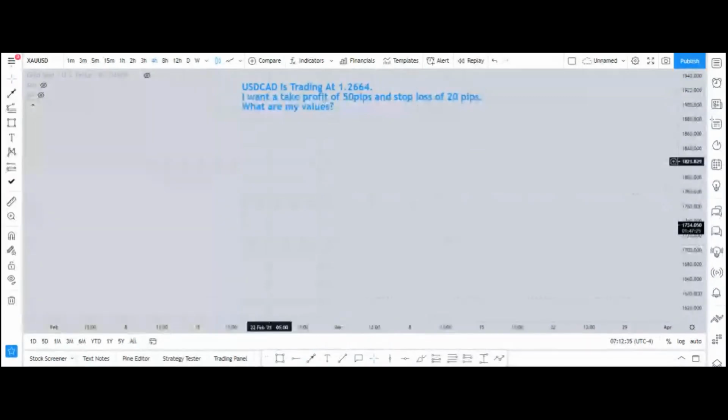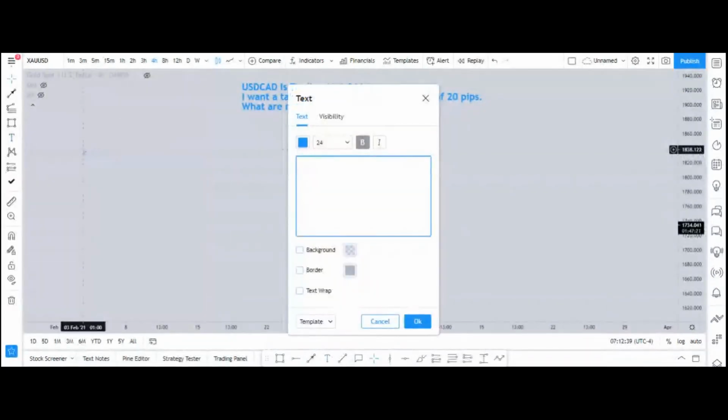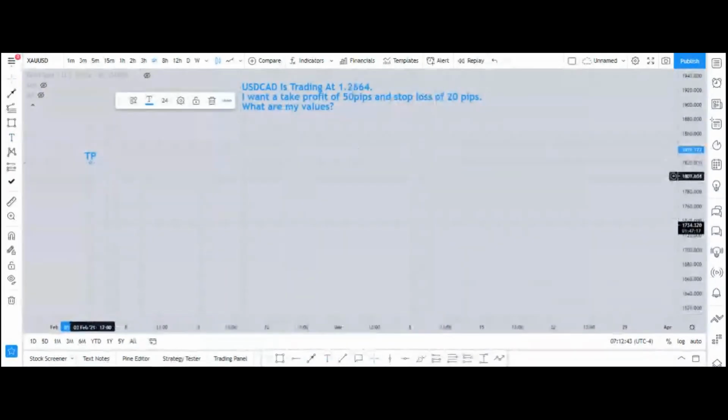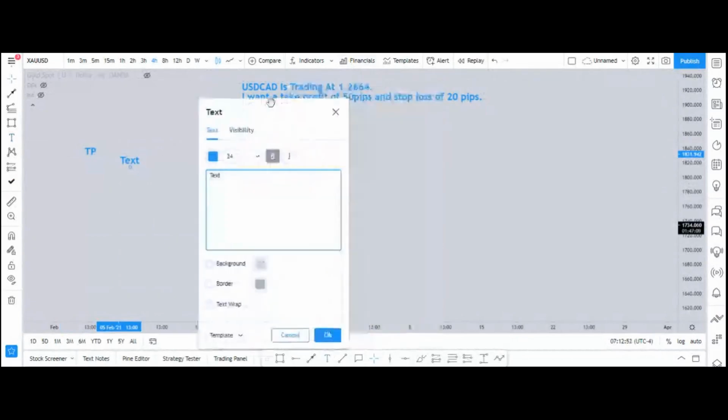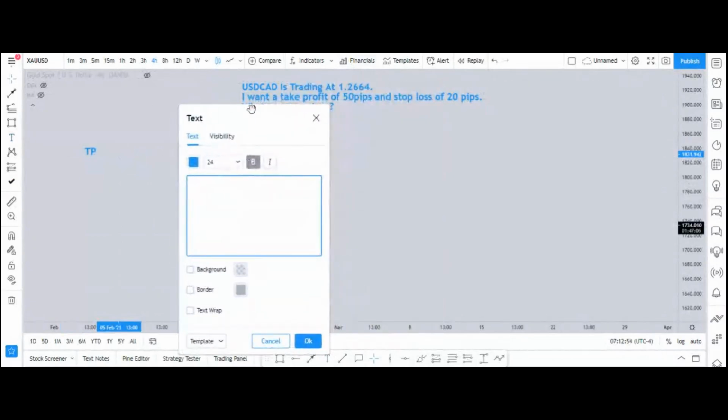I'll be solving this question first. So for take profit, TP, all I need to do is add 50 pips to this value. So if I add 50 pips, that will be 1.2664 plus 0.0050.